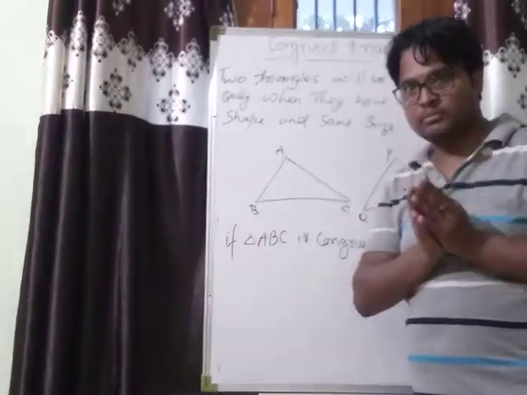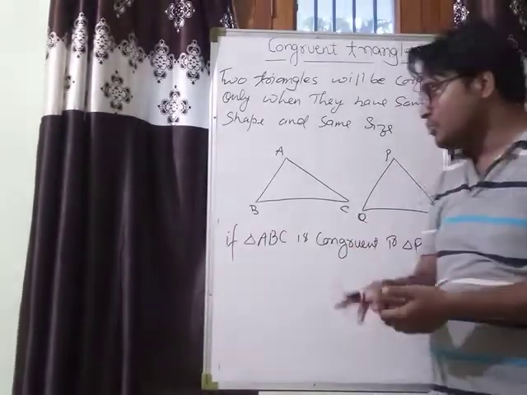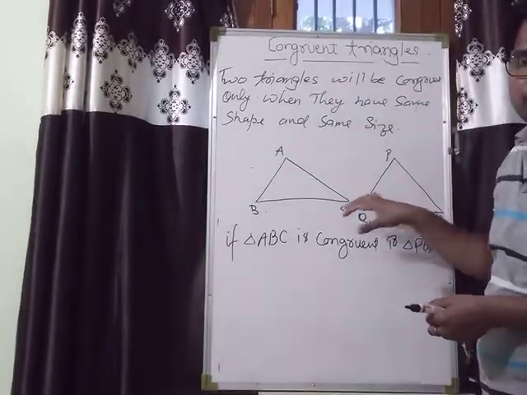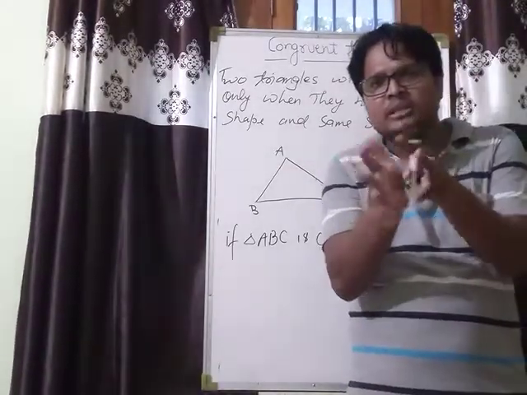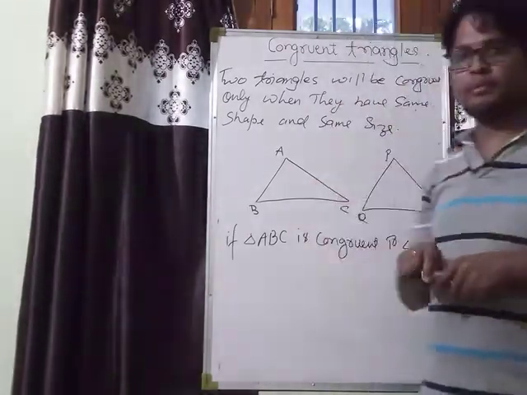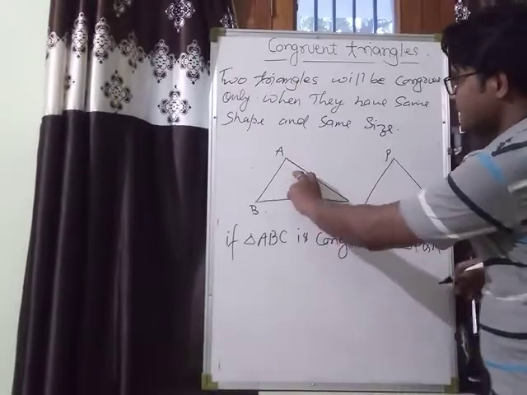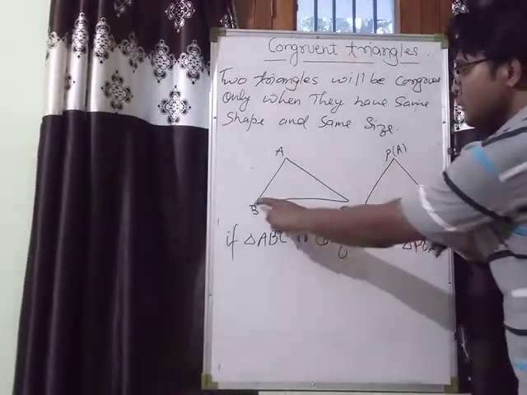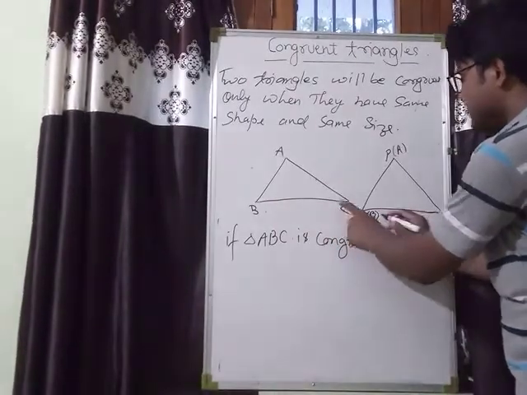Listen carefully everyone. In that case, when ABC is put on PQR, they must completely cover each other. When it is possible, see, when this is put here, A will be here, B must be here and C must be here.